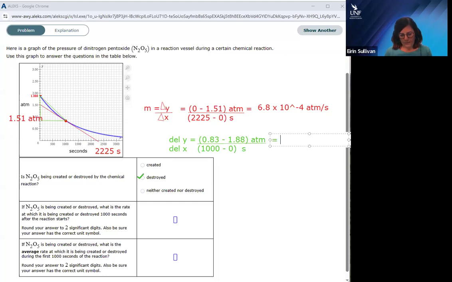So that is going to be 0.83. Again, this is going to come out negative because it's a negative gradient, so you're going to take the modulus of that divided by 1,000. It's going to be around 0.001. I got 0.00105 atmospheres per second, and let's see, did it give me sig figs? 2 sig figs, so that's going to be 0.11 atmospheres per second. All right, so there you have it.